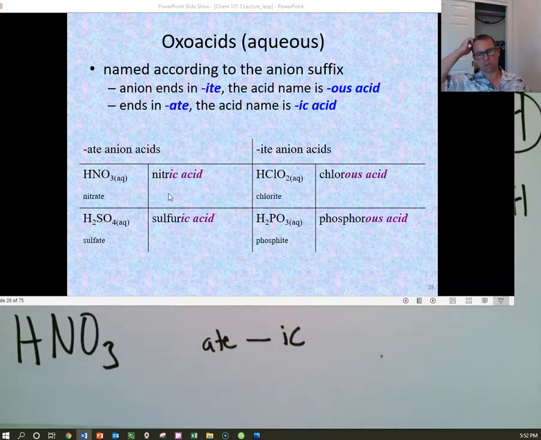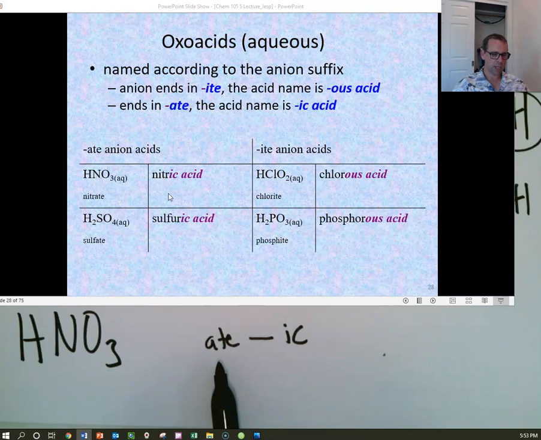So it's basically just saying it contains oxygen. Very good. So we have oxoacids, oxyacids, and binary acids. The oxygen containing ones we name after the polyatomic ions. If the polyatomic ion ends in ate, then the acid goes to ic.